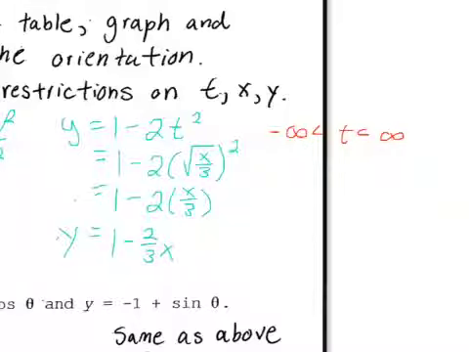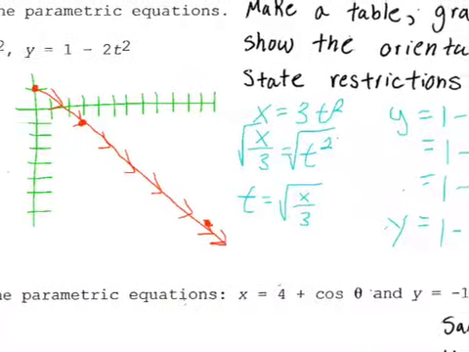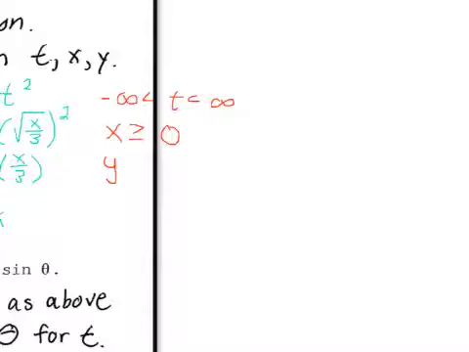And then for x, it looked like we were only getting positive numbers, and they were all greater than or equal to 0. So we have x is greater than or equal to 0. And for our y's, if we scroll back over to the graph, the highest our y's went was 1, so the restriction for y is less than or equal to 1.